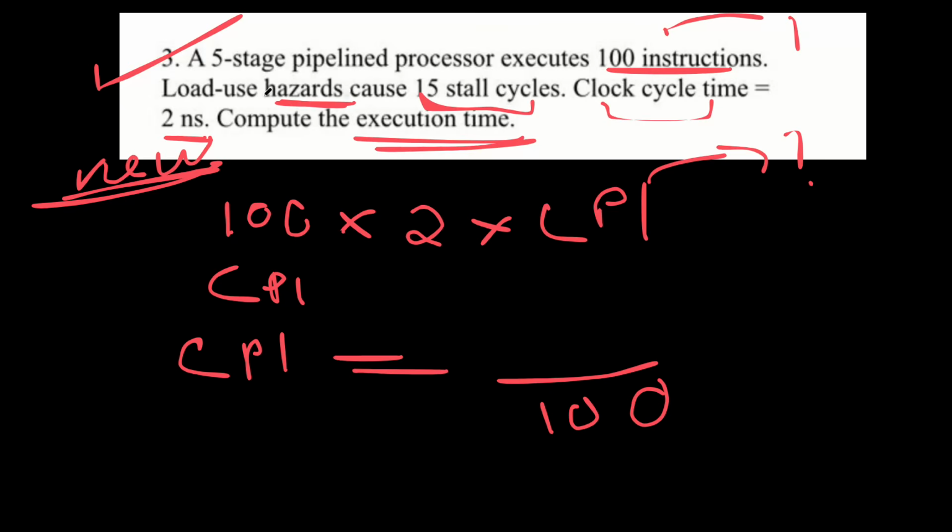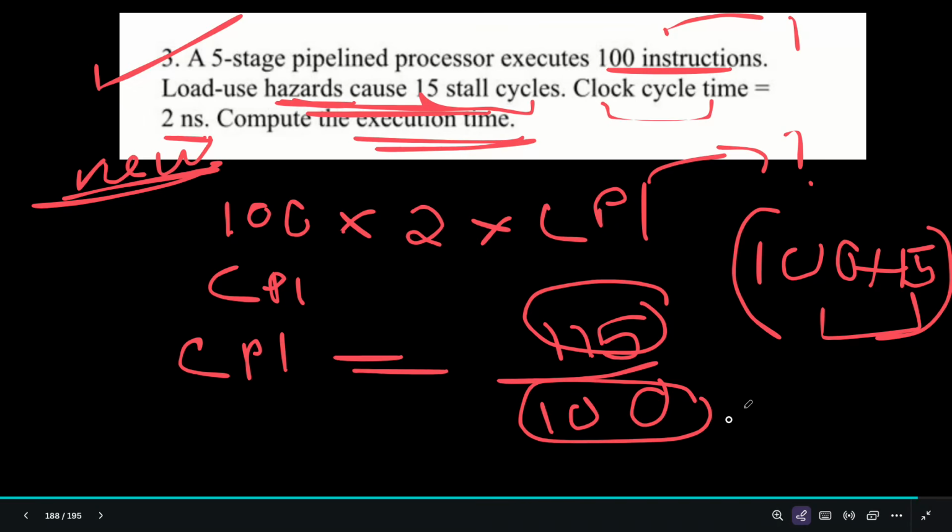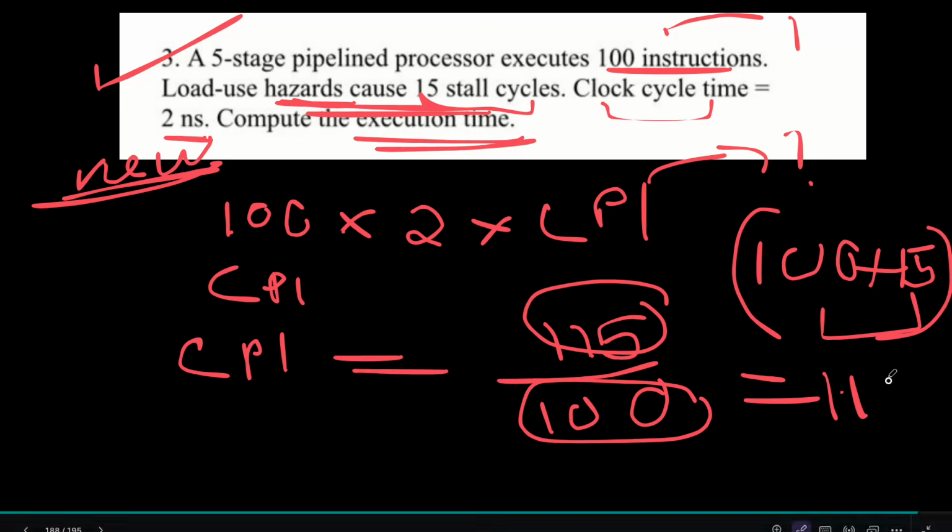But here we are using load, so 15 cycles are added to this 100, that is 115. If you divide this by 100, you get 1.15.